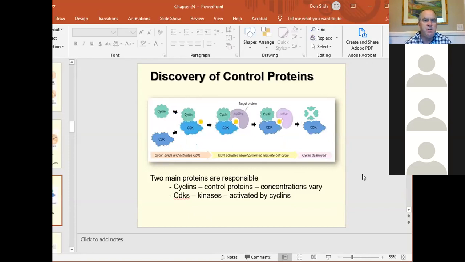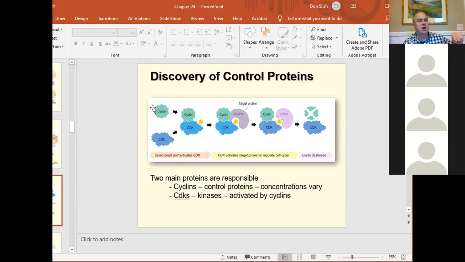And it comes down to two main proteins. You've got CDK, which is a cyclin-dependent kinase. It is a kinase, so it's what's doing the phosphorylations that are causing things to happen. And it's cyclin dependent. It's being activated by this control protein cyclin. And cyclins are called cyclins because they go up and down during the cell cycle on a regular kind of clock pathway.